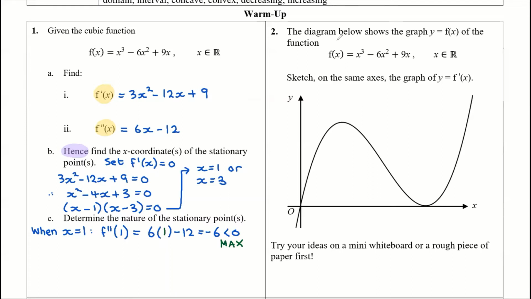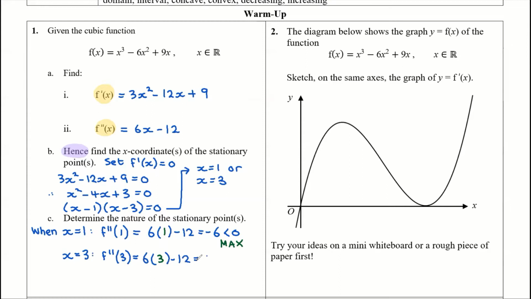Okay, let's try x is equal to 3 now. So we do f double dash of 3, which is, of course, 6. Put the 3 in. And then subtract 12, which is, of course, 18.